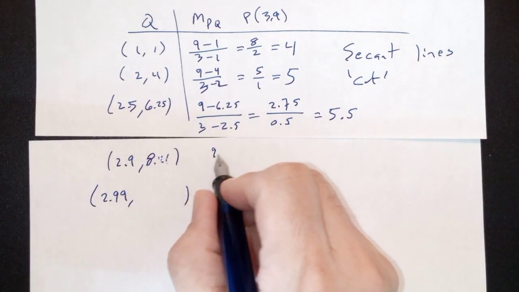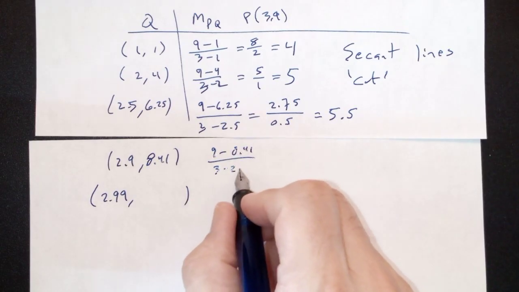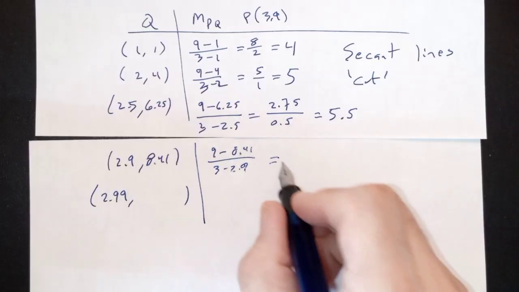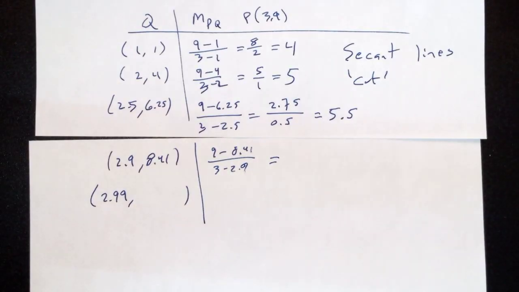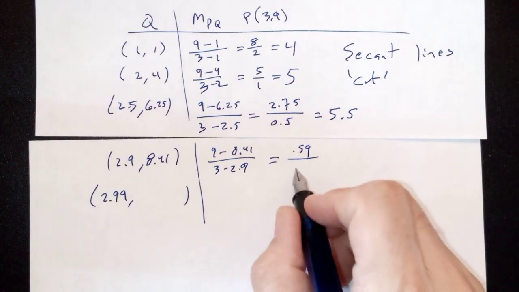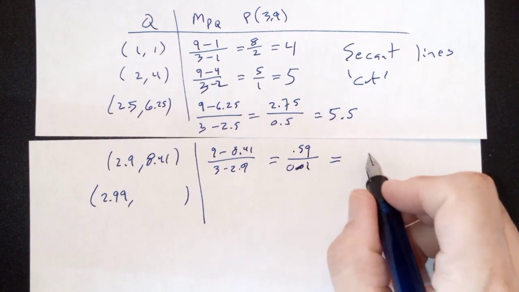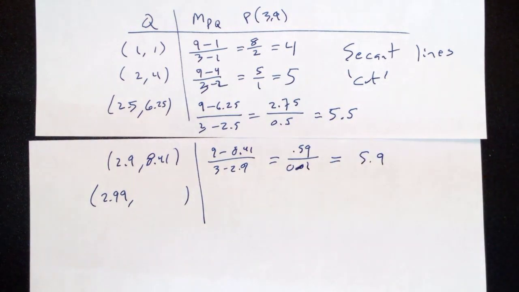So my slope, 9 minus 8.41 over 3 minus 2.9, is 0.59 over 0.1, which gives me 5.9.